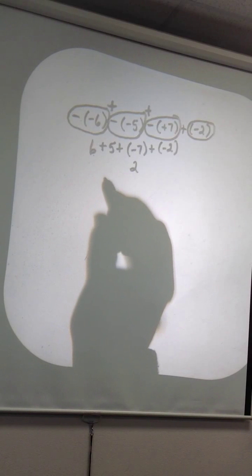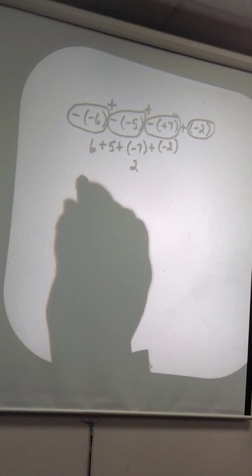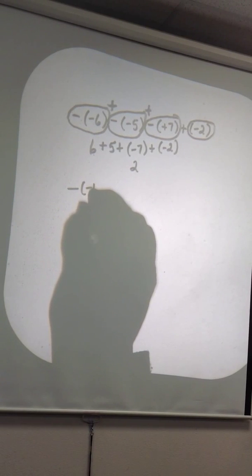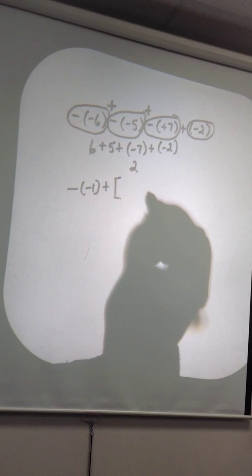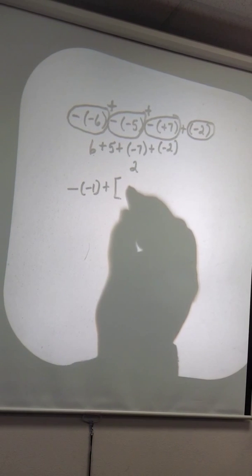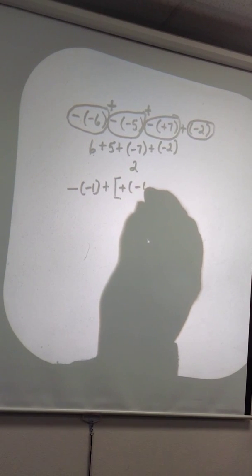Okay, let's look at another one. This one gets a little more complicated yet. This says the opposite of -1 plus, and then we have a bracket. Remember that symbols of inclusion have to be taken care of. And it says plus a -6.